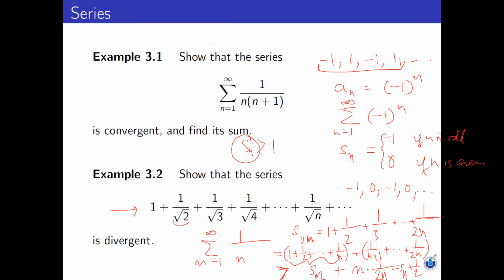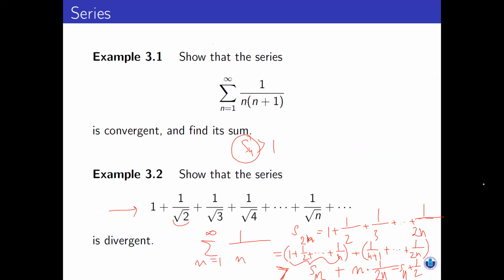So we have shown that for this sequence, S2n, every time you multiply the index by 2, you increase the sum by at least a half. So certainly this partial sum can get arbitrarily large, because if you want to increase by 1, you can double it again.